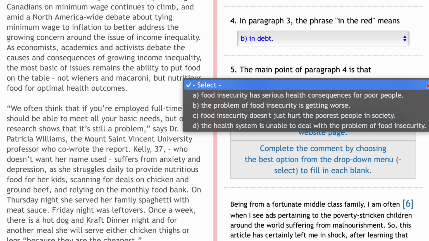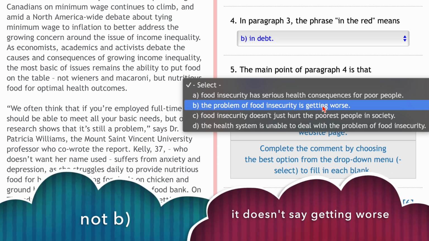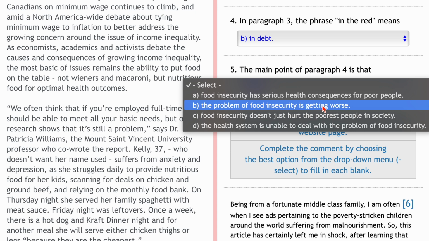Well, I can tell you that it's not B, okay? The paragraph didn't really focus on getting worse. Remember that paragraph talked a lot about health, okay? And the connection between food insecurity and health, not about getting worse.